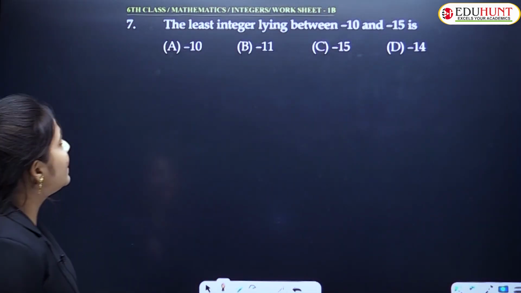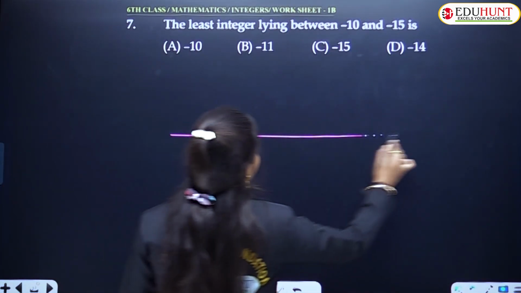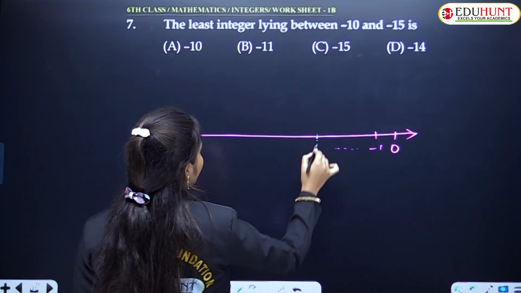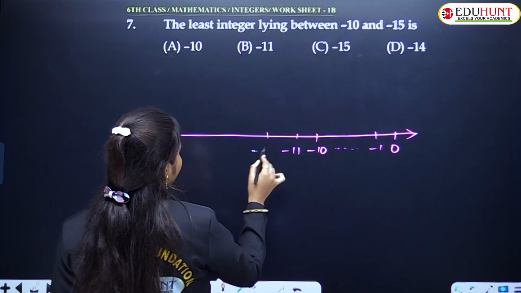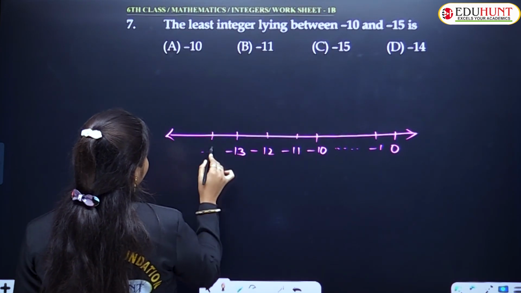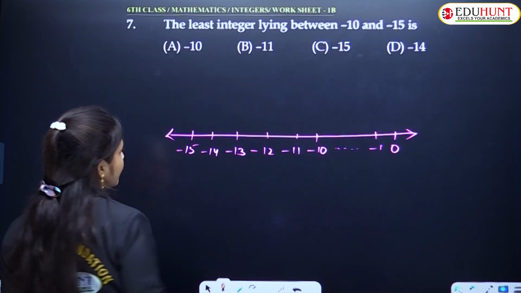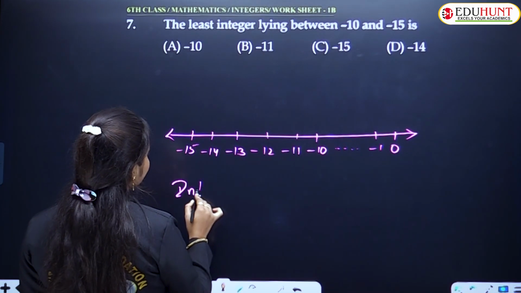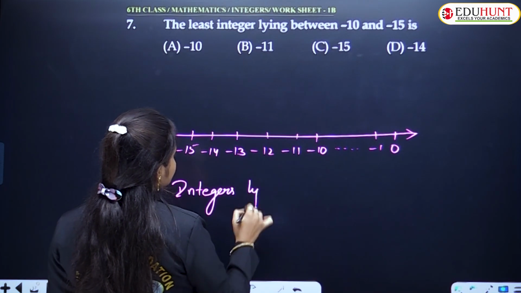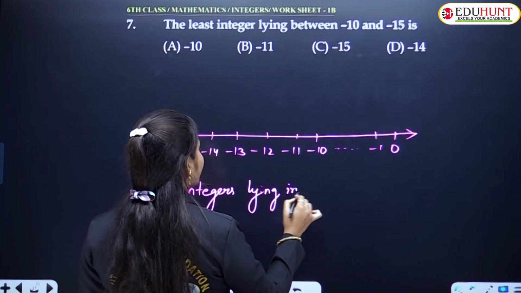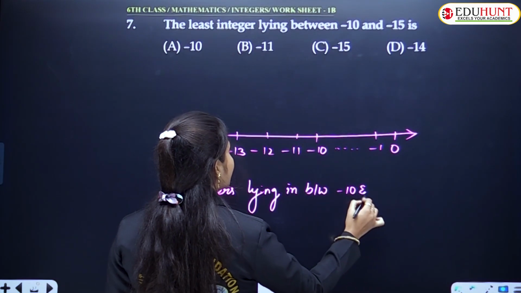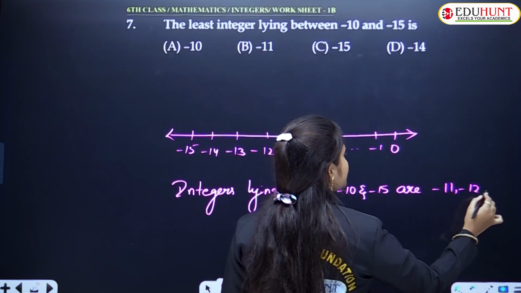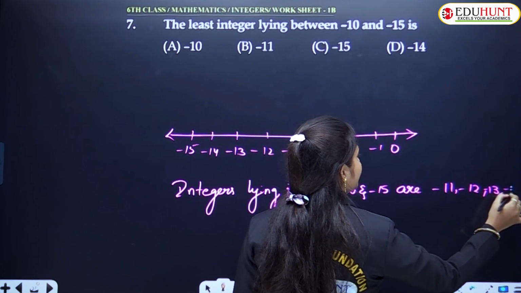Next question says the least integer lying in between minus 10 and minus 15. Again, 0, minus 1 and so on, minus 10, minus 11, minus 12, minus 13, minus 14, minus 15. See here when you observe this, the least integer. So integers lying in between minus 10 and minus 15 are minus 11, minus 12, minus 13, minus 14.